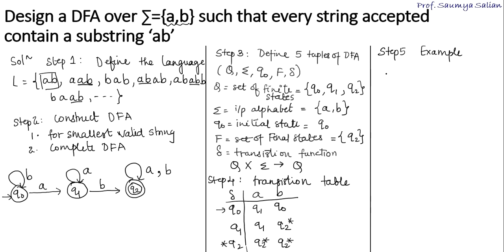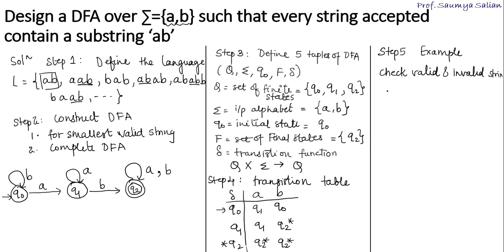Check whether the machine works for a valid and invalid string. For a valid string, it should reach a final state, and for an invalid string, it should be in a non-final state.